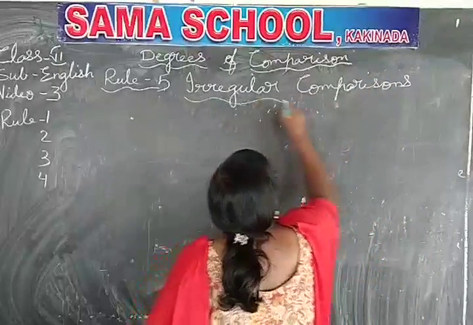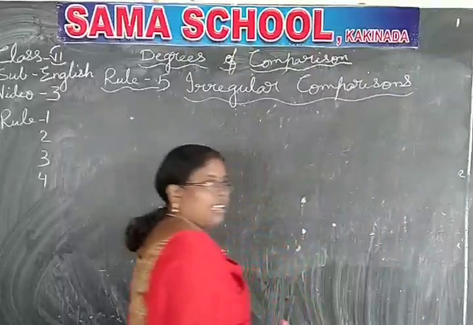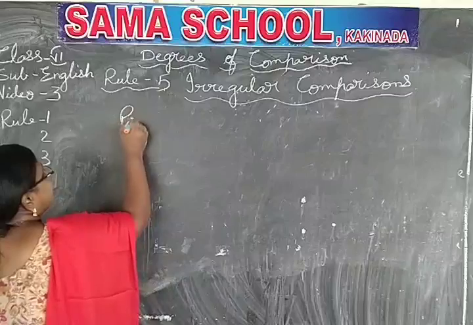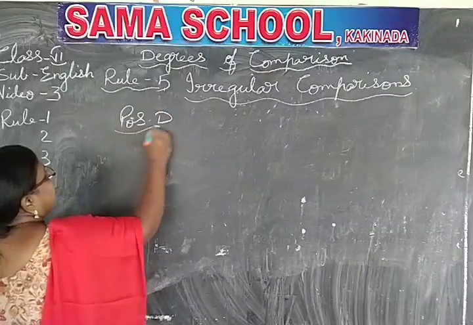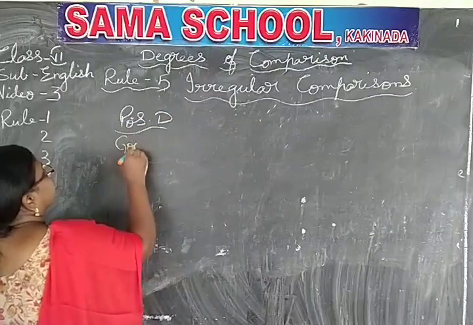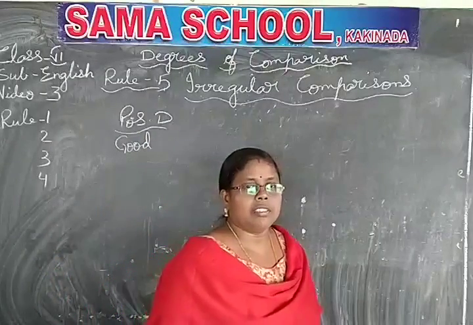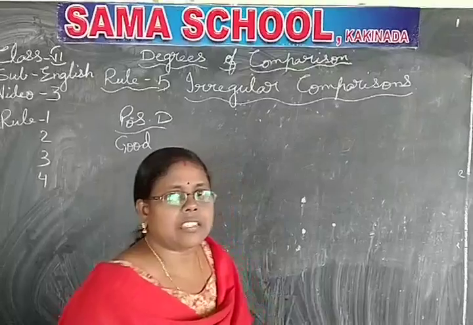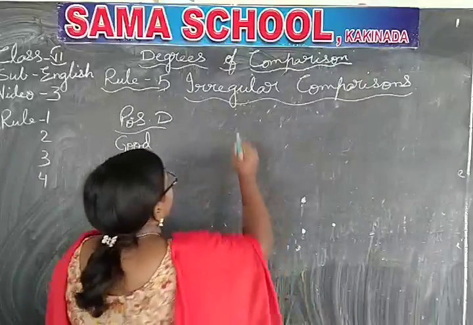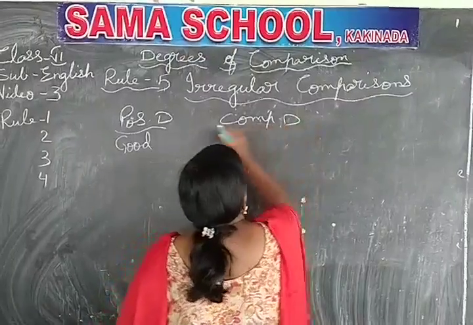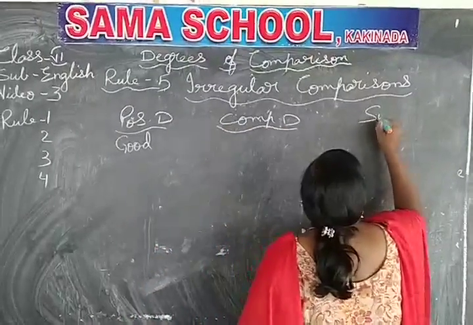Irregular comparisons. Okay, now I say good for positive degree. Can I say gooder, goodest? He is the goodest one in the class? No. I'm writing it here: comparative degree and superlative degree.